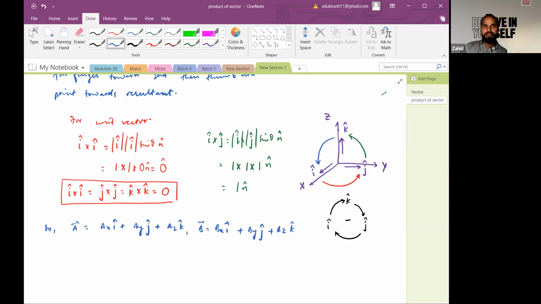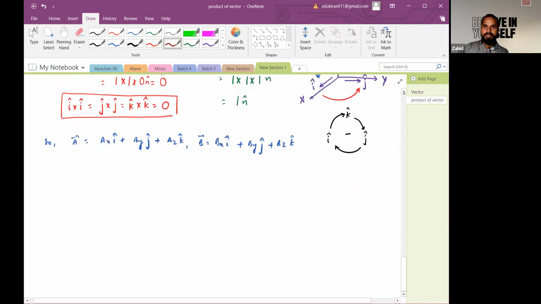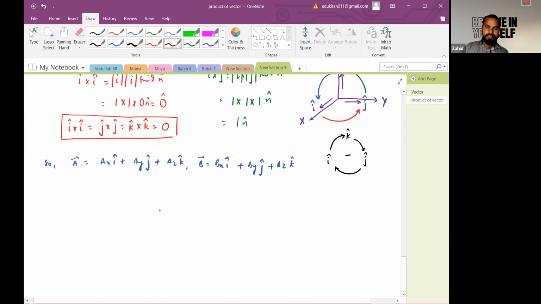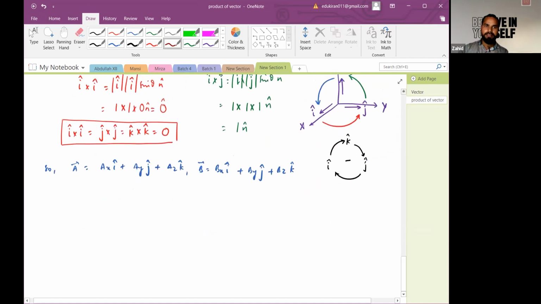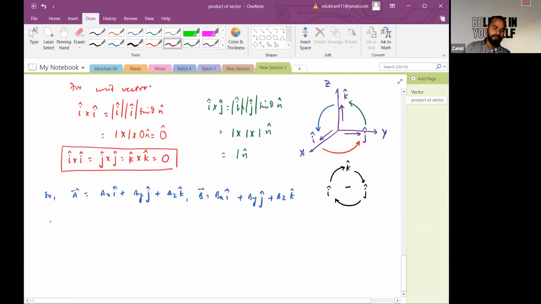To define the cross product of these two terms, there is a concept called the determinant method.